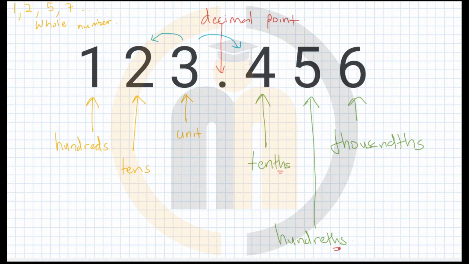So this is how the decimal number is labeled. If I were to read this whole number, how would I read it? It is 123, then the point, then 456, so 123.456. You must always state the point.